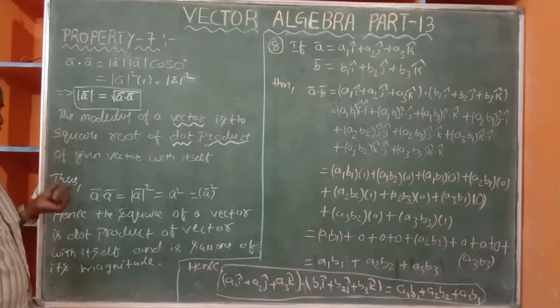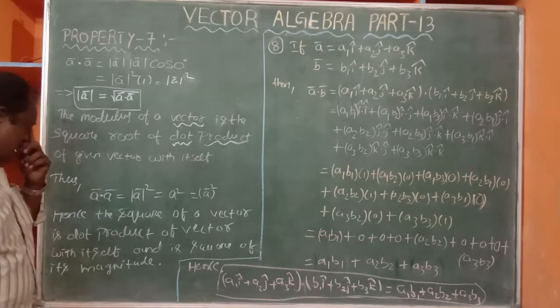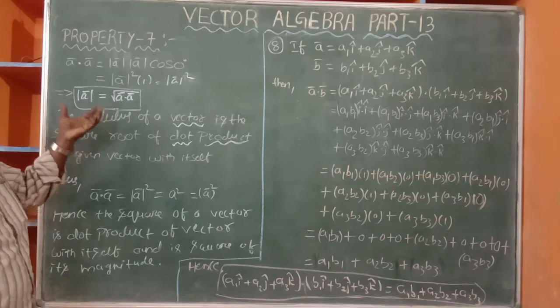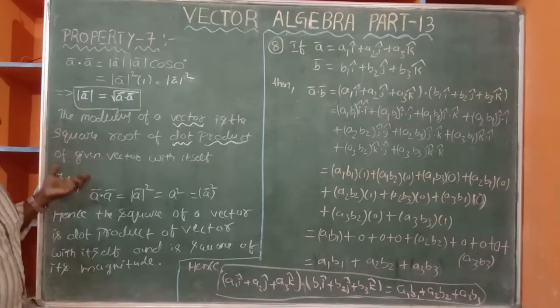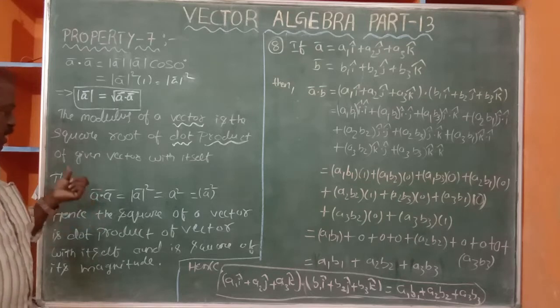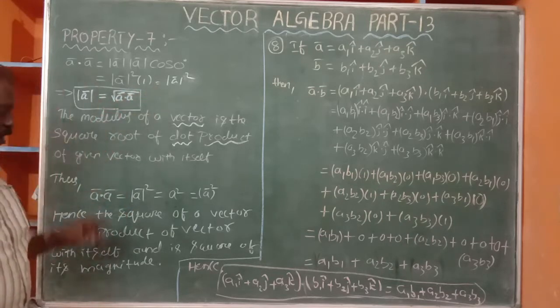Thus, A bar dot A bar means the same thing. What we discussed above, that proof is clearly given. A bar dot A bar is equal to modulus of A bar squared. Simply I am giving the notations.